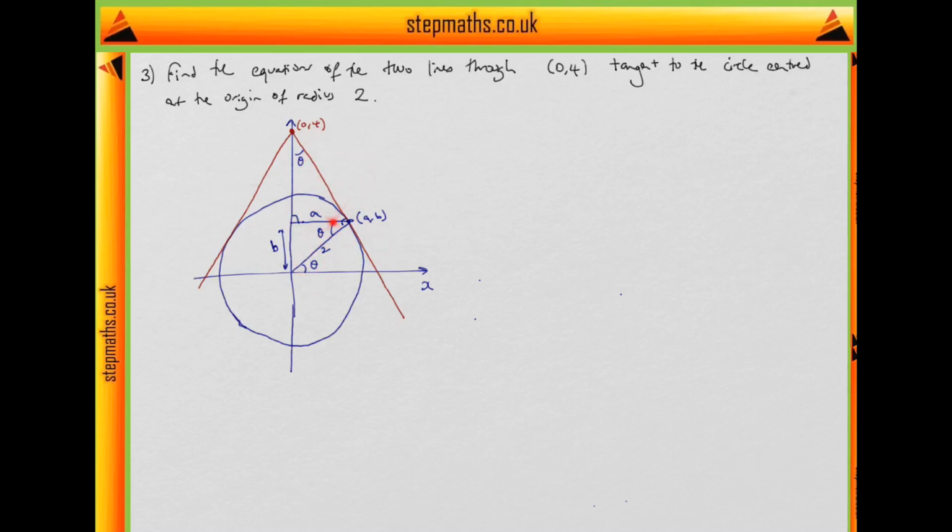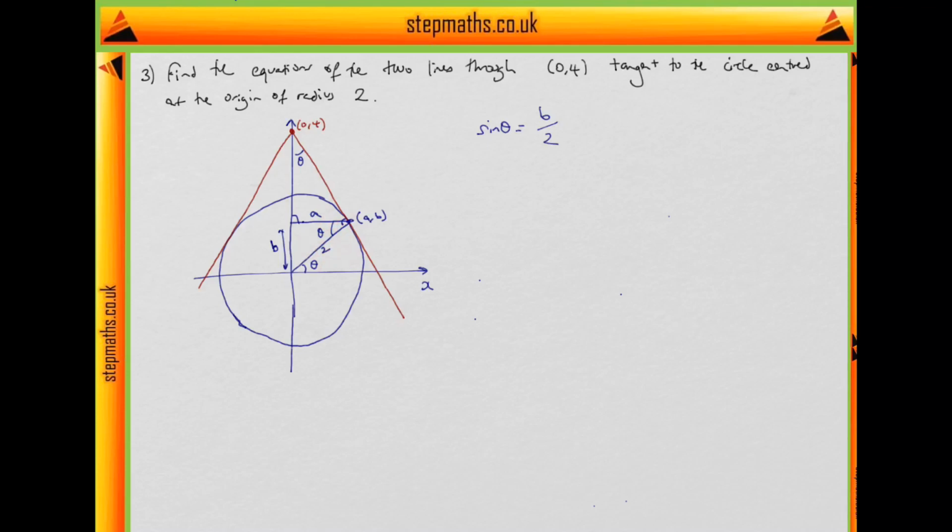Sine theta is equal to b over 2, and that comes from this small triangle here, where we have the opposite side, the adjacent, the hypotenuse, and the angle.